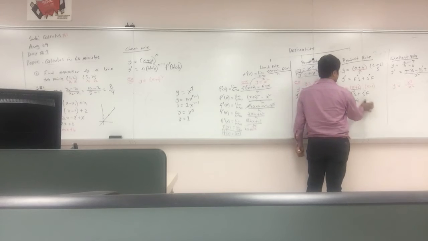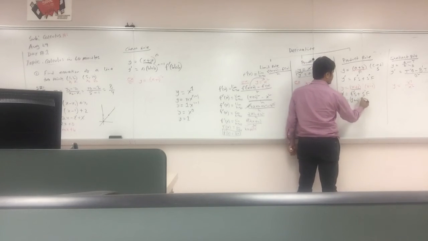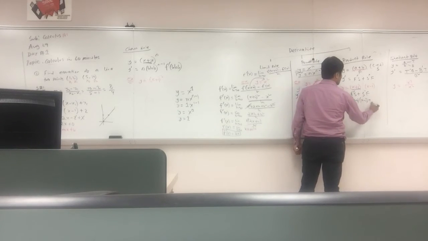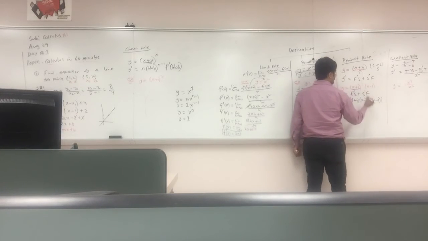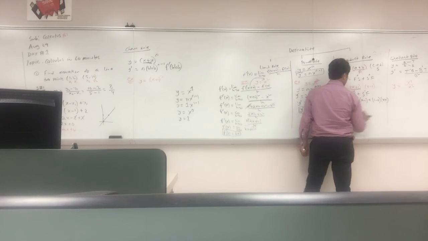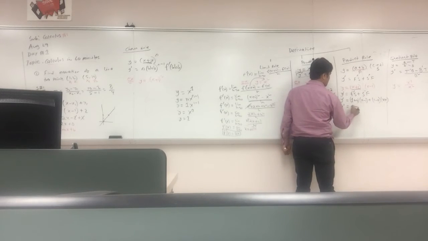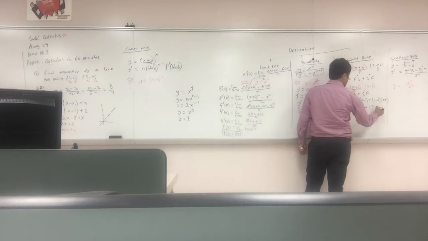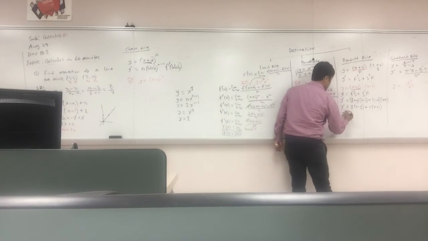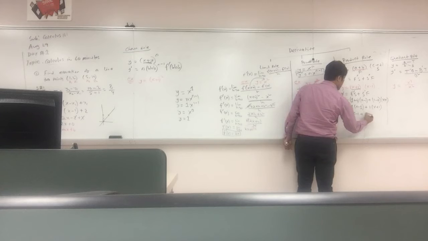Okay, first 1, second x minus 1. Derivative of second, 1 minus 0, and first. So y prime is 1 times x minus 1 plus 1 times x plus 1. X minus 1 plus x plus 1. So this is cancelled, so y prime is just 2x.